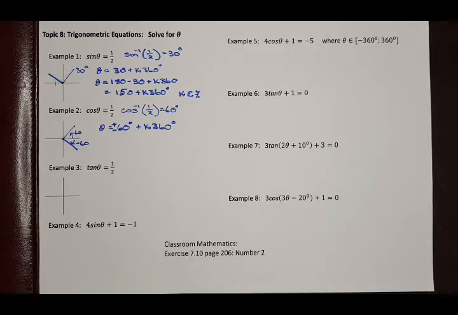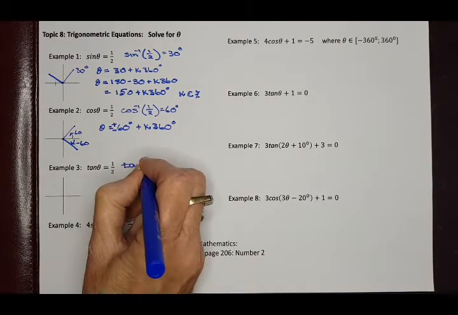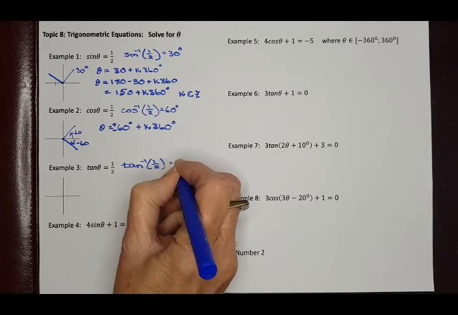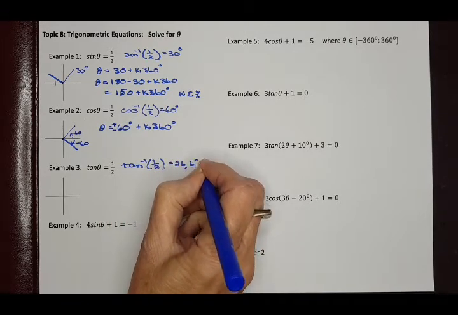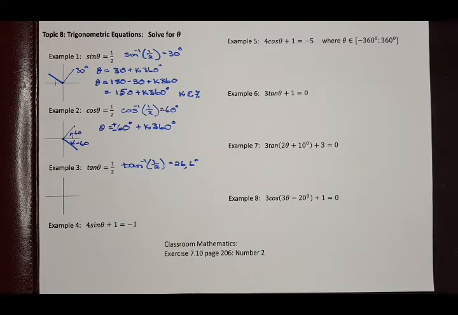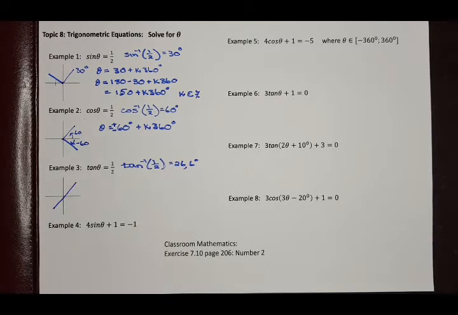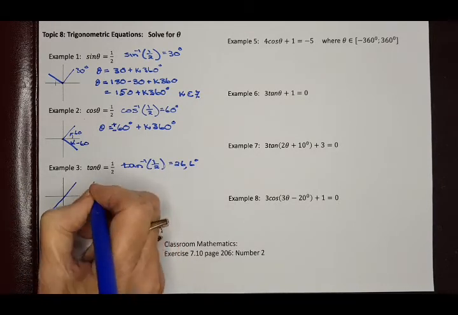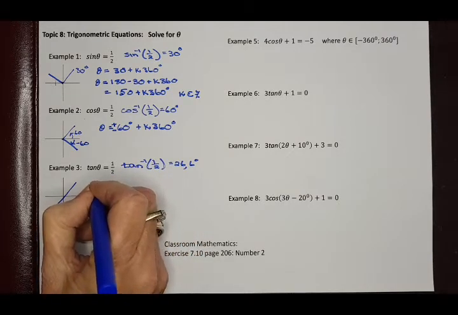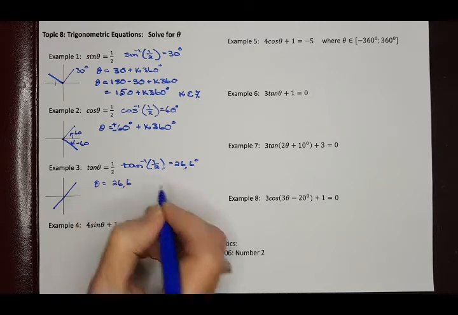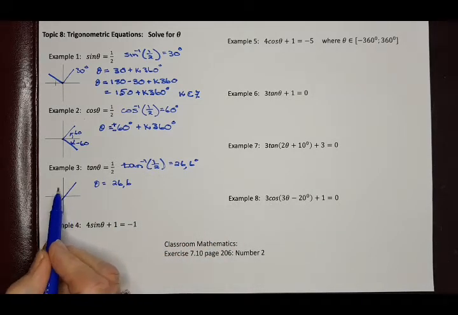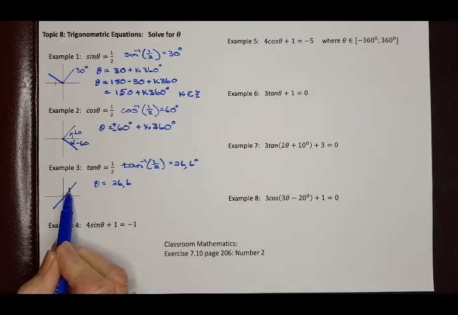If we get the equation tan theta equals a half, well, arc tan of a half is going to be, let me write this down, 26,6 degrees, rounded off to one decimal place. Now tan is positive in that quadrant and that quadrant over there. So when I solve this equation, I can write that theta is equal to 26,6 plus again any multiple of 360 degrees.